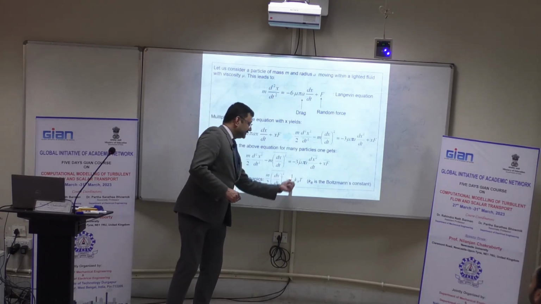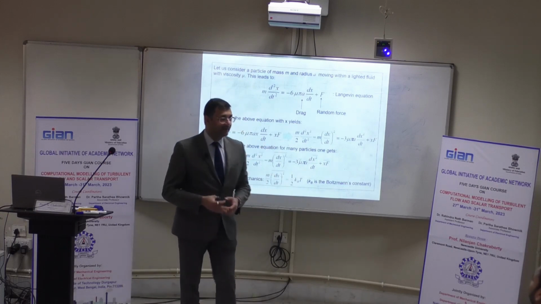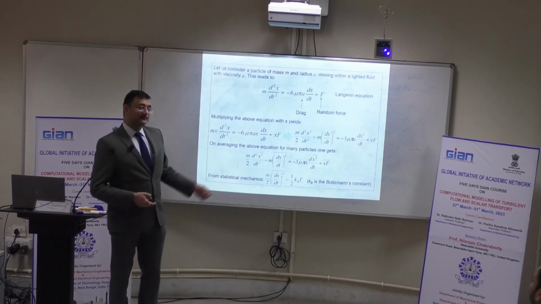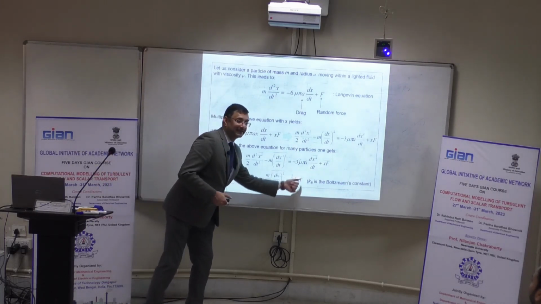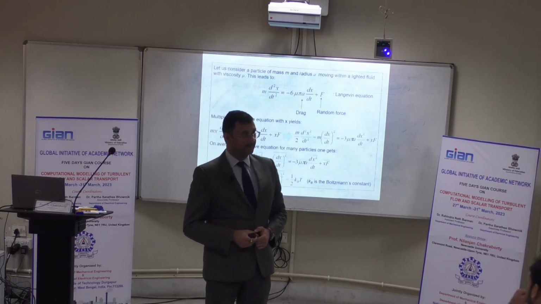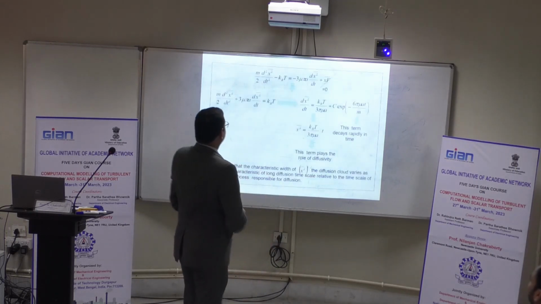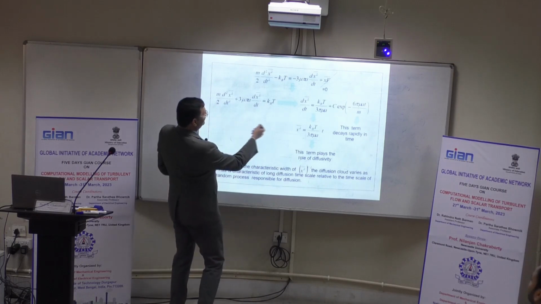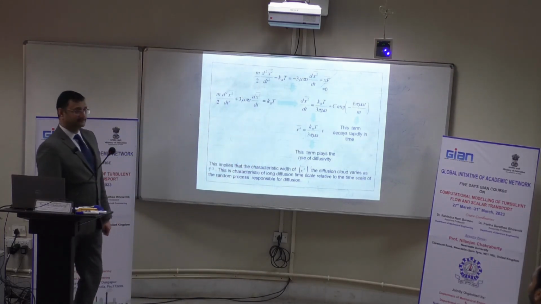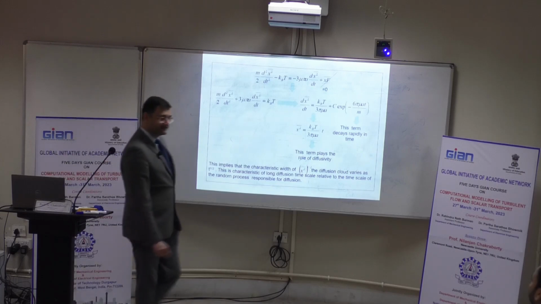Ultimately, this number changes with how many degrees of freedom you have. But effectively, this is what you get. For one direction, this is half k_B T. Okay? So I can rewrite my equation in this way. Clear?